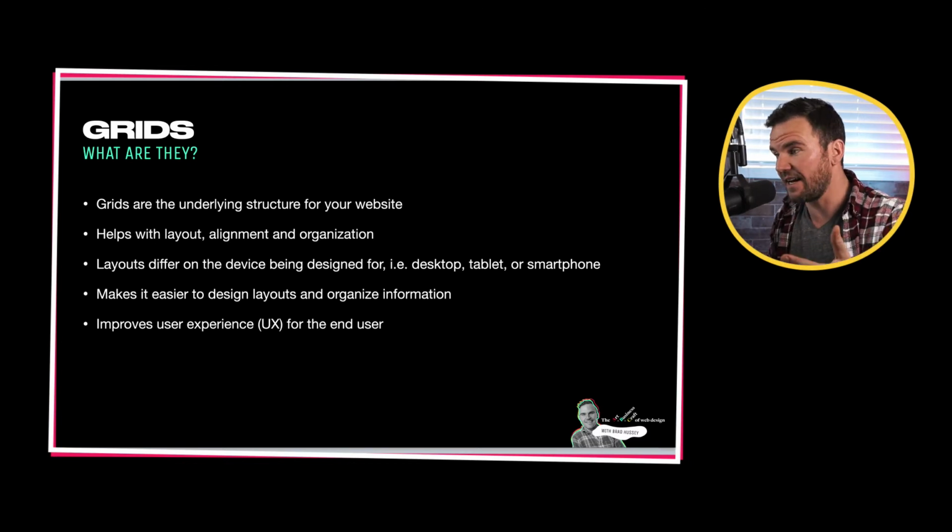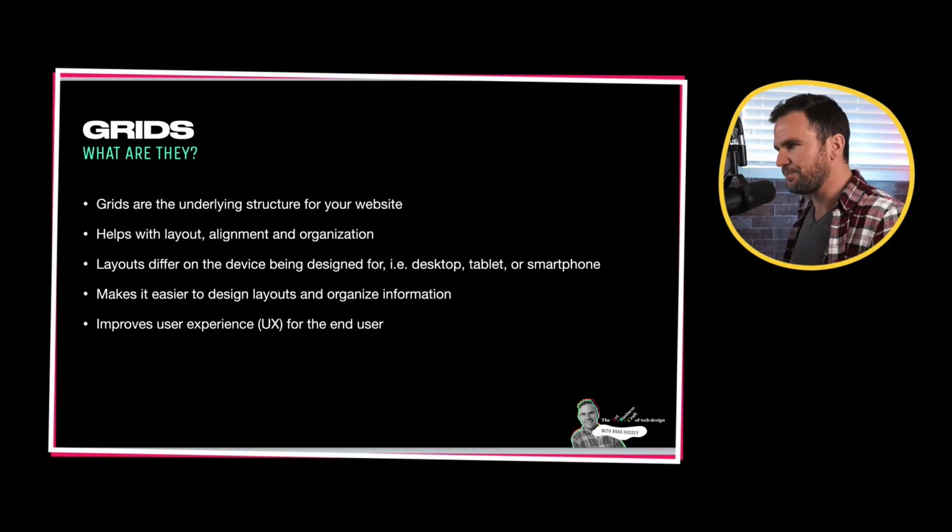So when you're designing, it's nicer for the designer to know, okay, this is where I'm going to place the main content, the body content, the sidebar, the opt-in box, the main hero section, the navigation, the footer, and so on. Or maybe a series of videos, a gallery of images. It helps with design. You don't have to come up with different ideas. You just have something to work with. And for the end user, it's just easier for them to interact with the website when it's on a grid.